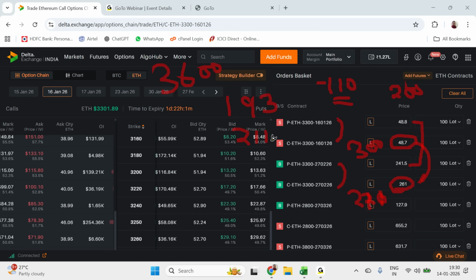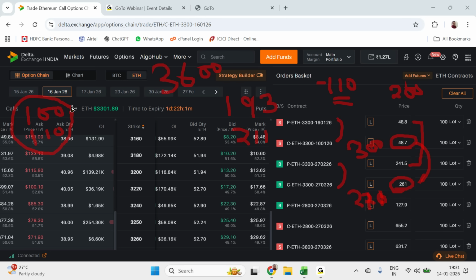So in case of a huge up move to 3600 overnight, on this 193 debit almost 100 points will be your loss, or 100, 150, or 120 points will be lost. Here also another 100 or 110 points will be the loss. So 220 points will be the loss here.